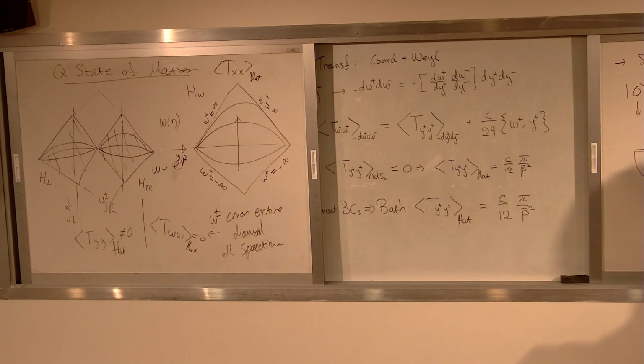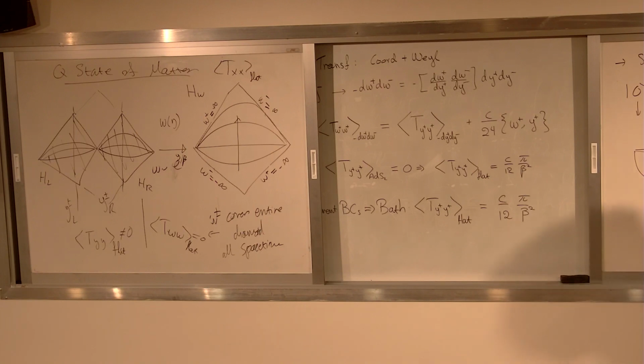But if that's the case, this means that this diagram that I'm drawing here should be thought of as the overlap e to the minus beta over 2 H times E tilde. And H here, it's HL or HR, it doesn't really matter, which is a delta function, E tilde, E, e to the minus beta over 2 E.